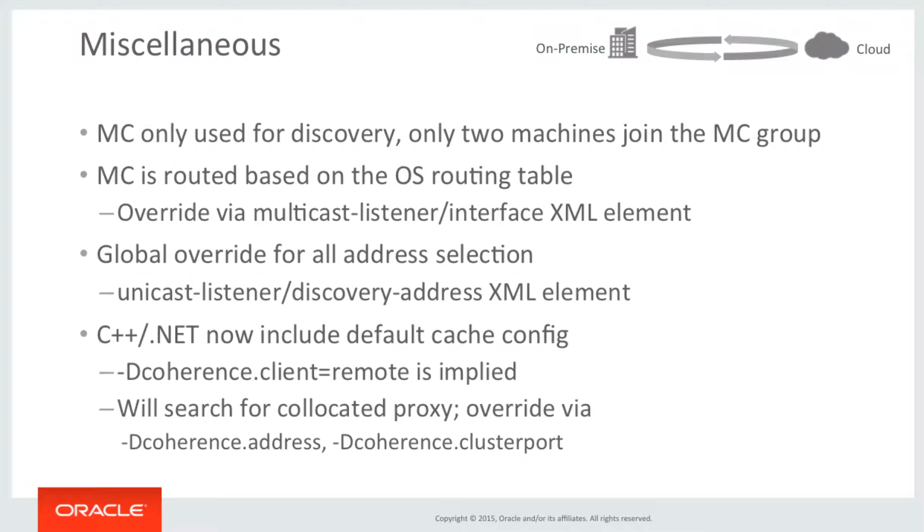And if you wanted to lock things down to just a particular subnet, rather than going through and configuring each one of these things individually, you can set this one element, the unicast listener discovery address, and set it to a particular subnet in the same CIDR format that we've supported for many releases.